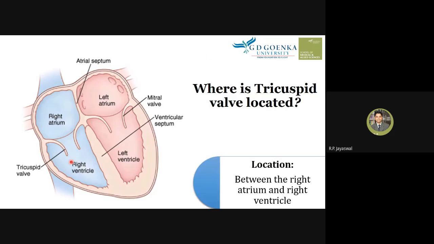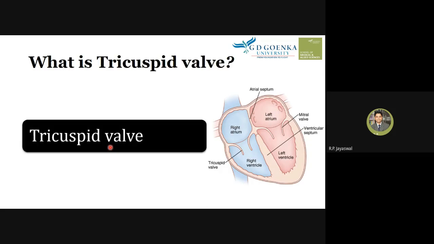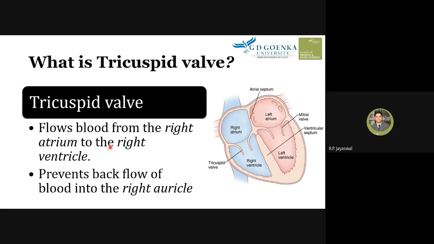Okay, so next, what is the tricuspid valve? If the question is asked, we can say the tricuspid valve flows blood from the right atrium to the right ventricle.